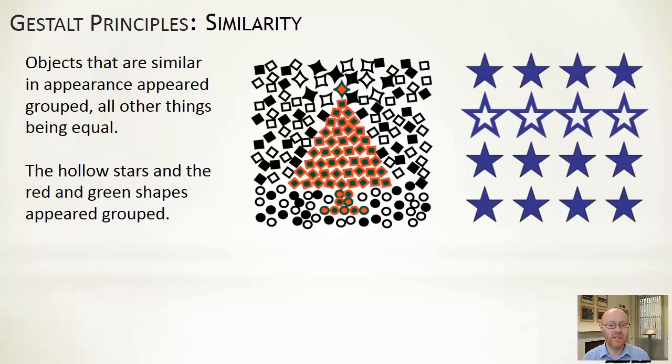You see a couple of examples of this. So as opposed to a cluster of 4x4 stars, again, we'll see that as different rows, because we're going to group the 4 hollow stars as one coherent group.